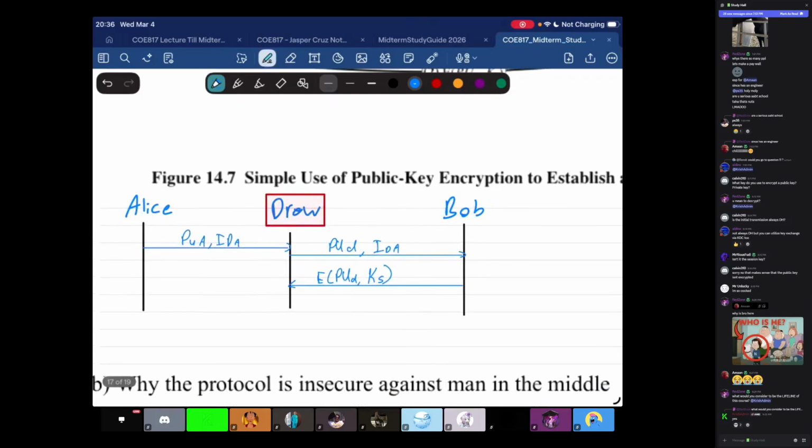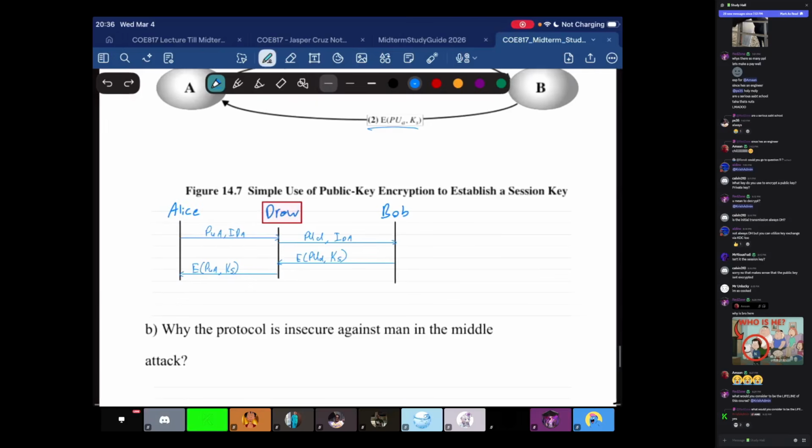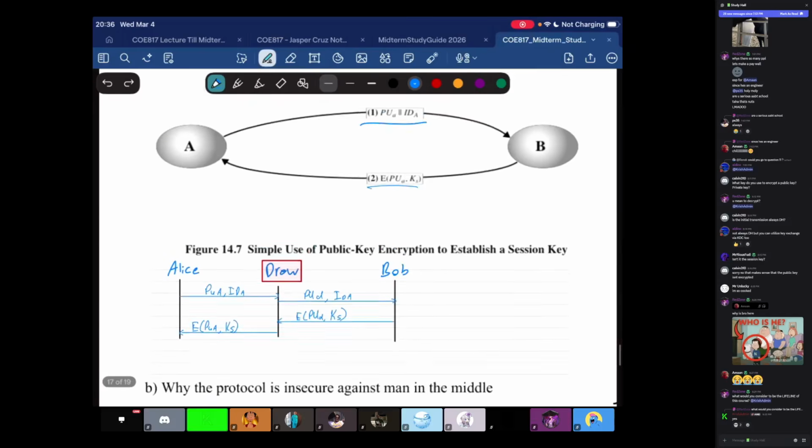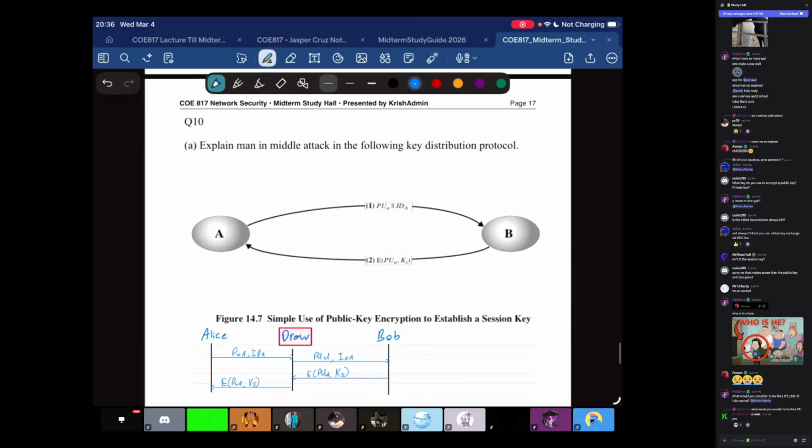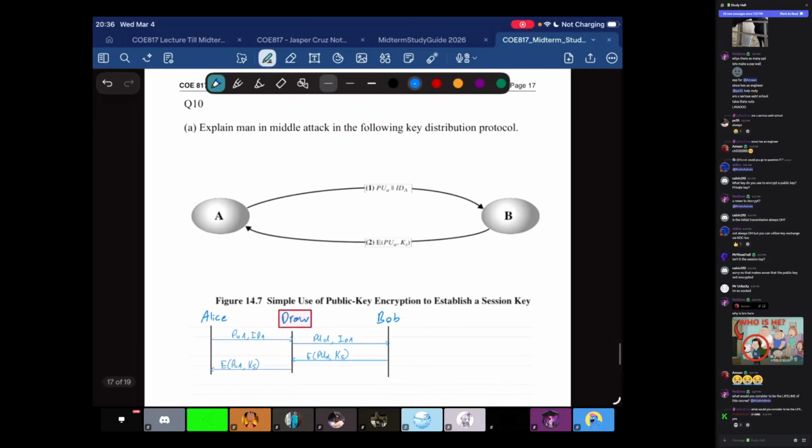Then it continues with the same method, encrypting using the public key of A, and it will use KS the same way it was received from Bob. This is how the communication between A and B can be intervened by a man in the middle.